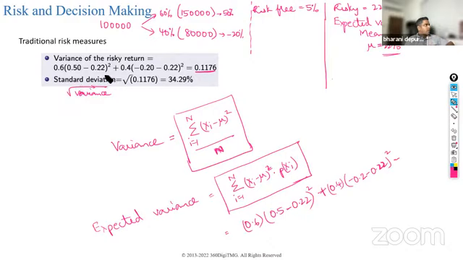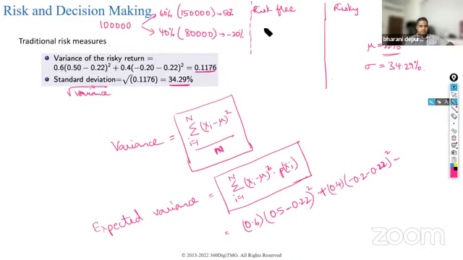When you take the square root of that, you get the standard deviation, and you're getting 34.29%. So sigma, which is standard deviation, is equal to 34.29%. So the expected value or mean of this risky asset happens to be 22%.